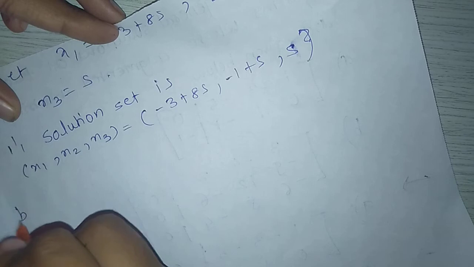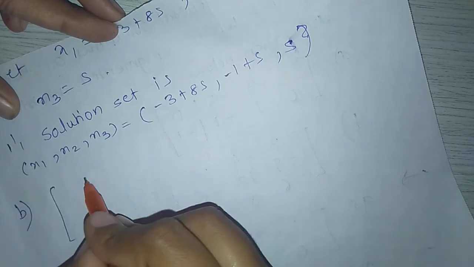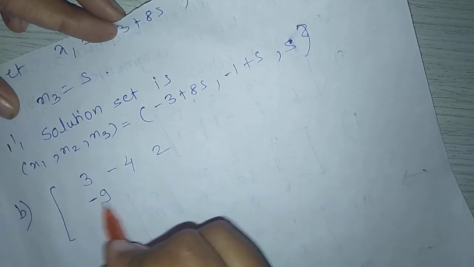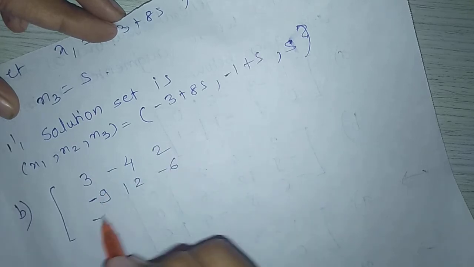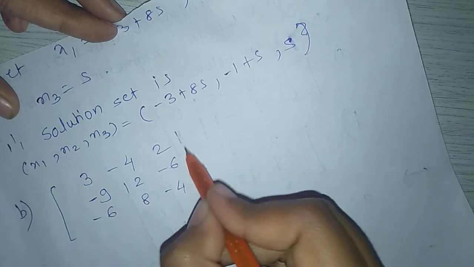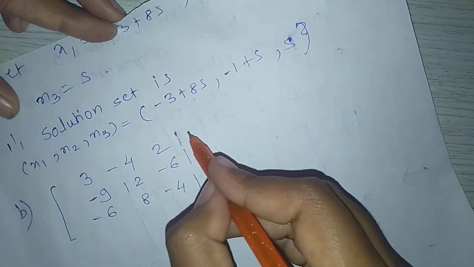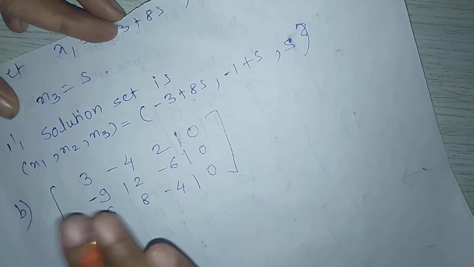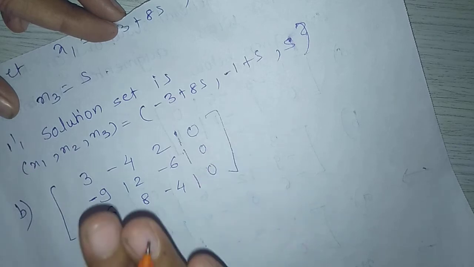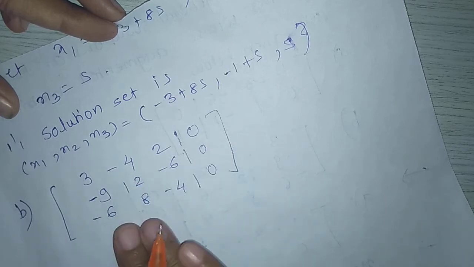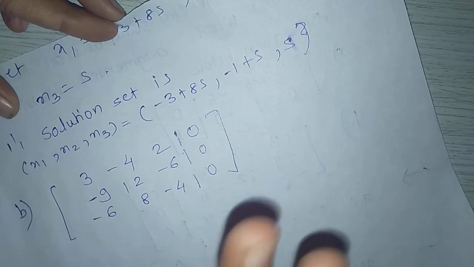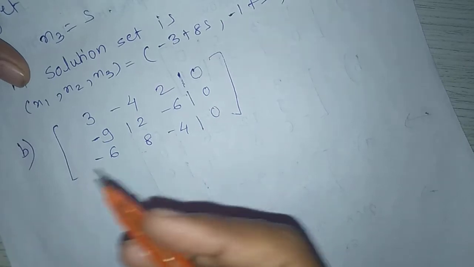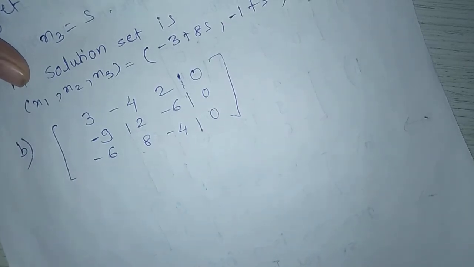So B is the given matrix [3 -4 2; -9 12 -6; -6 8 -4], and adding the constant matrix [0 0 0] gives [A|B]. A is the coefficient matrix and B is the column of constants. Now apply row operations to reduce it to row echelon form.